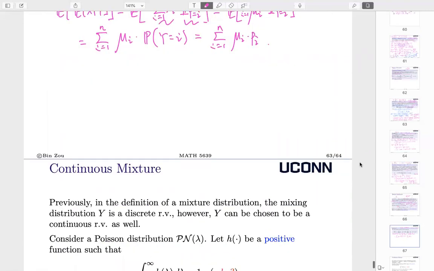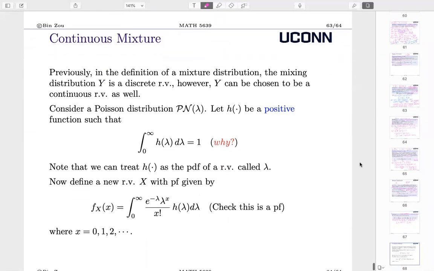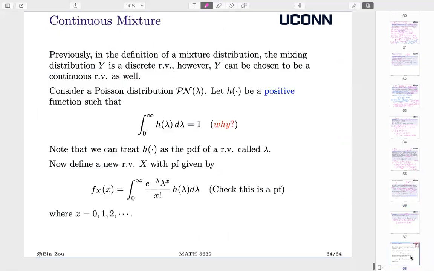The last slide is about the continuous mixture. In this we have discrete mixture because we have n pi's. Each of them is between 0 and 1, and the summation is 1. And how do we move to the continuous counterpart? In this case, we have this result.